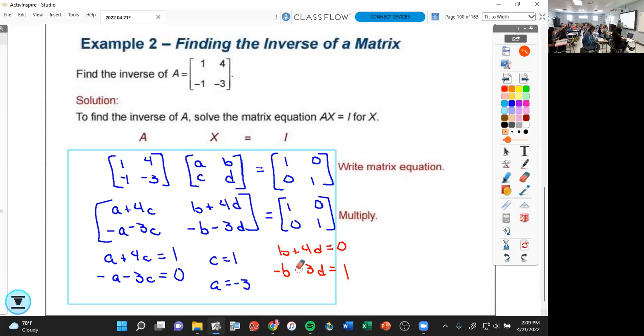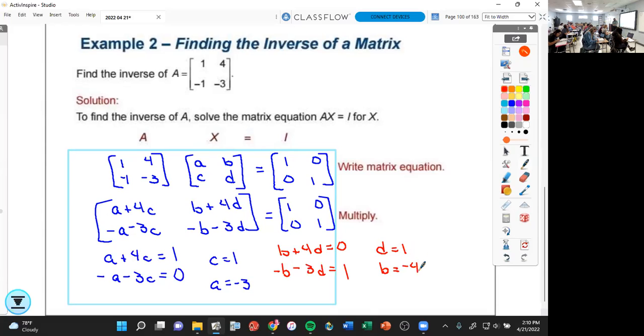That's clearly a minus. Can you tell me what D is? Okay. Can you tell me what B is? -3. -4.